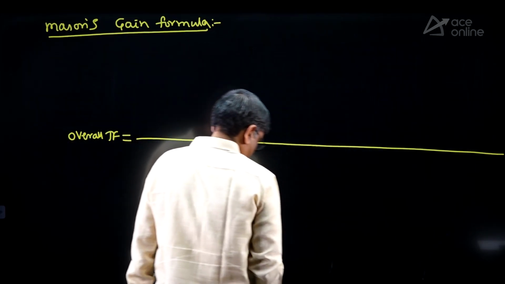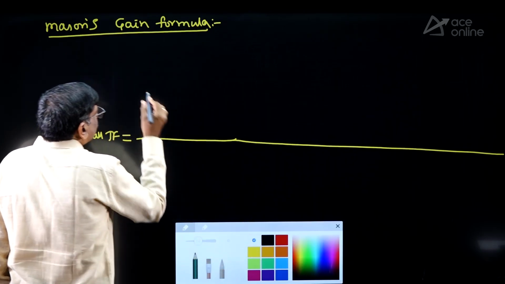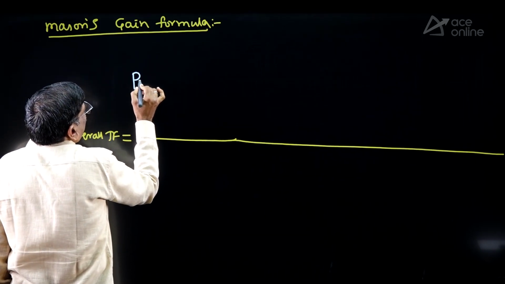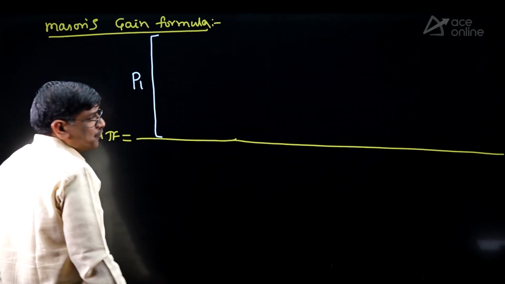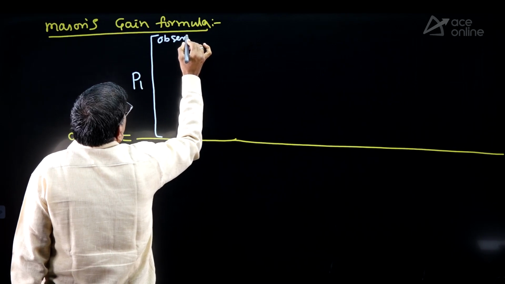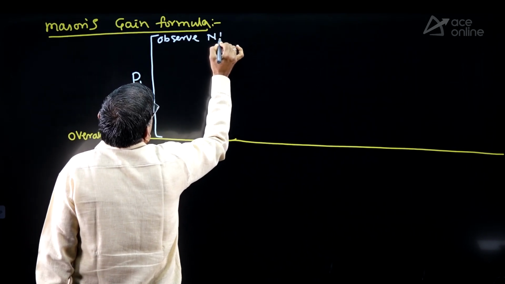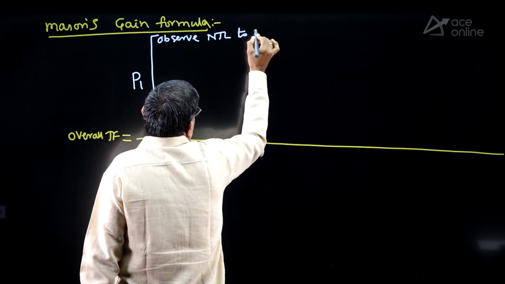First you have to select the first forward path gain P1, into, next what you have to do? Observe the non-touching loops to P1. NTL means non-touching loops to forward path P1.